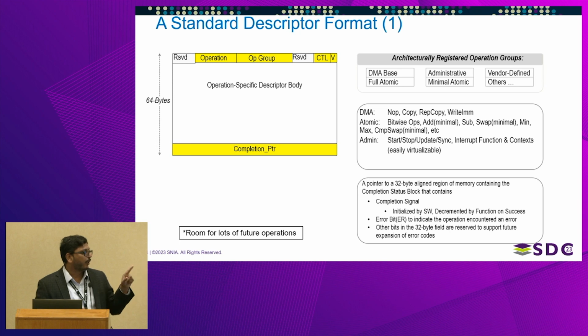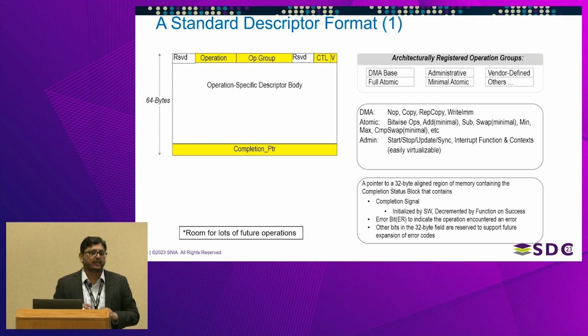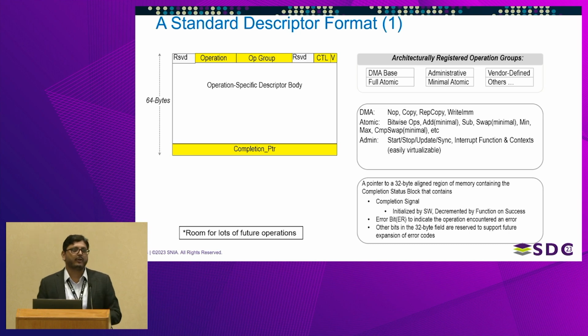But the completion pointer points to a completion status block. So that's the memory address where a function will basically signal that it has finished the operation. And the spec defines a completion signal by basically atomically decrementing the value at this location. So if you had just all ones, you can simply overwrite it with zeros.